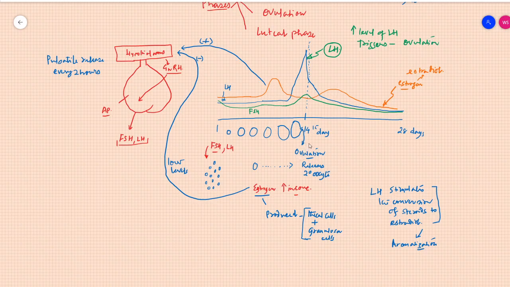Then what happens? As you see, this estrogen level is showing a secondary rise. So this follicle which has released the secondary oocyte becomes corpus luteum.